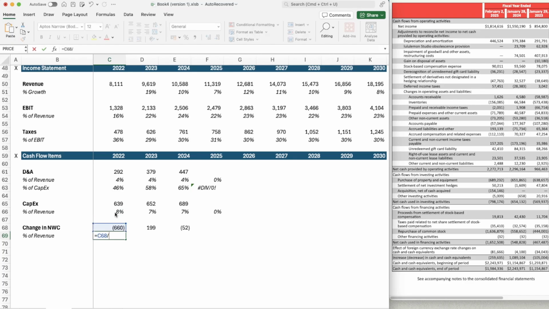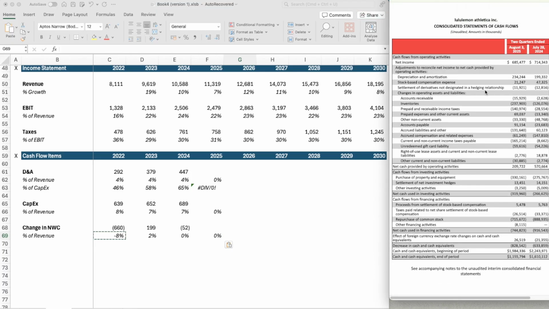And the same for the change in net working capital. Okay, now, same with this one.